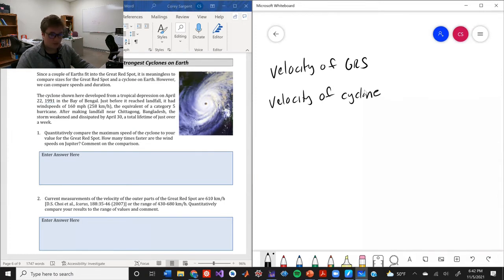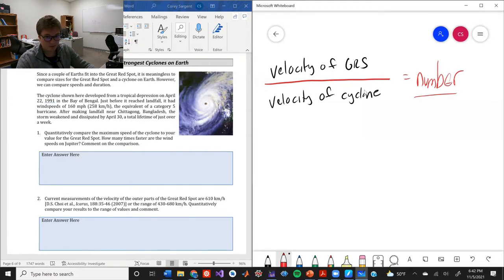So what you're going to do is actually divide these numbers, all right? You're going to take the velocity of the Great Red Spot divided by the velocity of the cyclone, all right? And this is going to give you some number, all right? Now this number tells you how much larger the velocity of the Great Red Spot is than the velocity of the cyclone, all right? For example, let's just put numbers in there.